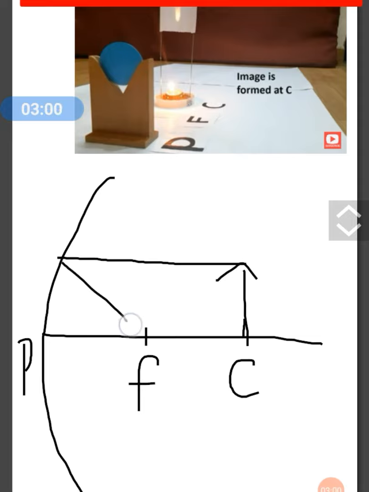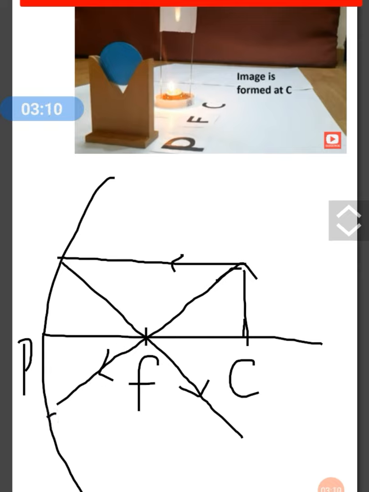The first ray is parallel to the principal axis and the reflected ray passes through the focal point. The second ray passes through the focal point and the reflected ray is parallel to the principal axis. So the image is formed at C only, and it is real, same size and inverted.